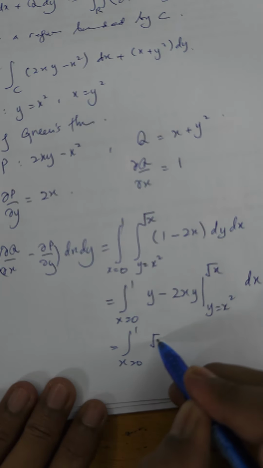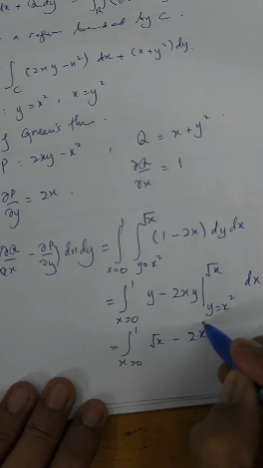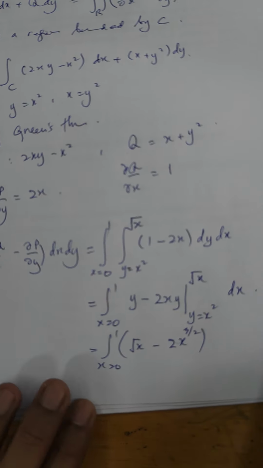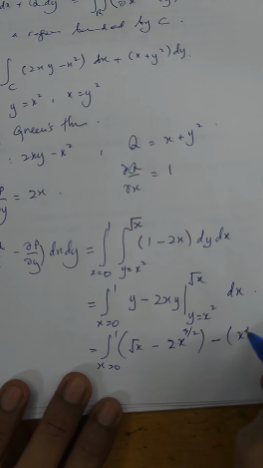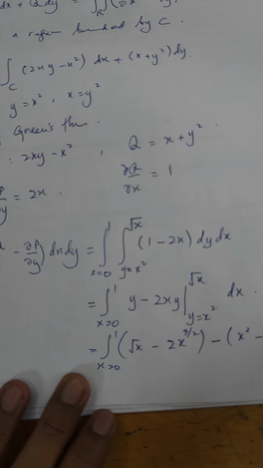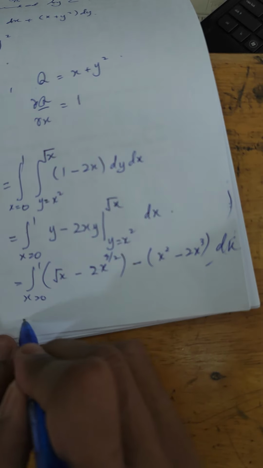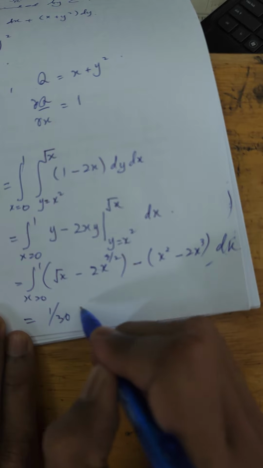That gives the square root of x minus 2x times the square root of x, so 2x to the 3 over 2, then minus x squared minus 2x cubed, dx. Then you can solve this. This will give you 1 over 30. Try it.